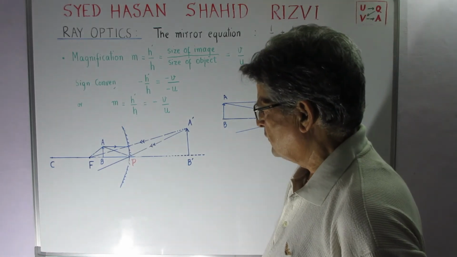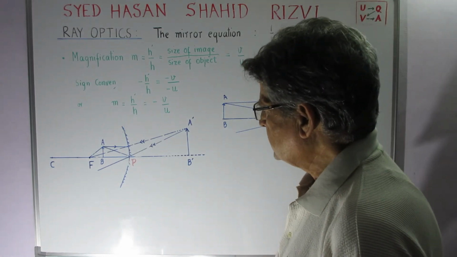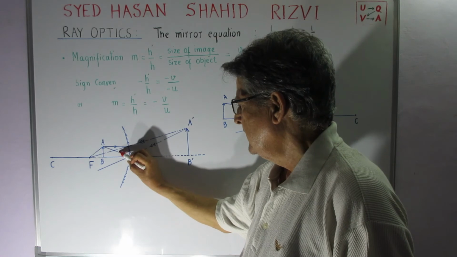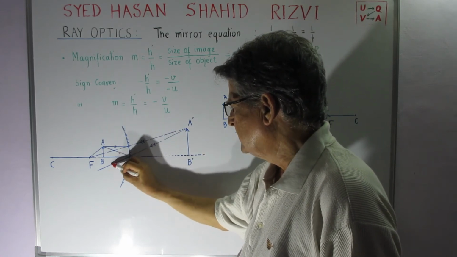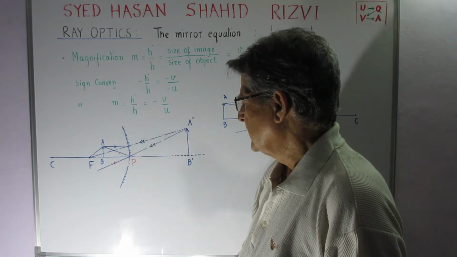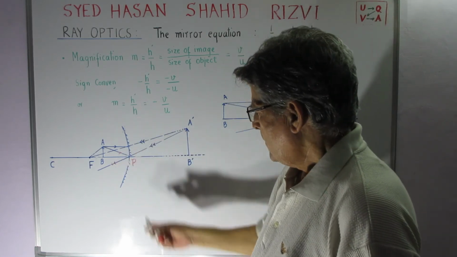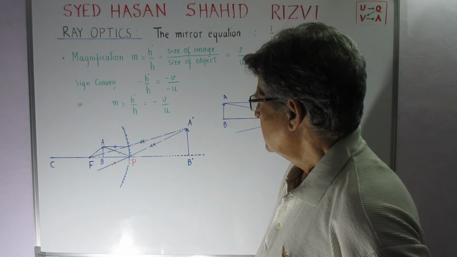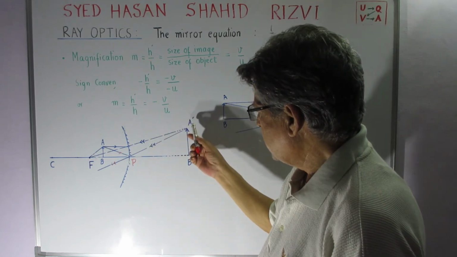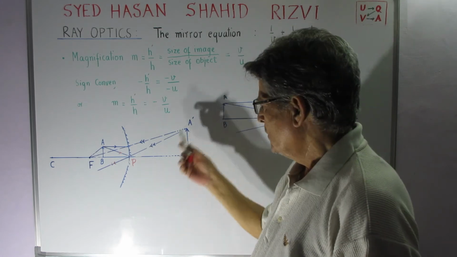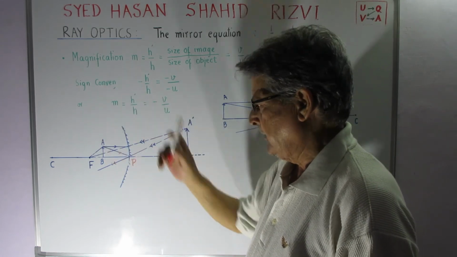It must pass through the focus. And the second ray that I have drawn is the ray from A to P, and this is reflected back like this. When drawn backward, we find that they meet at the point A dash. So A dash is the image of A.